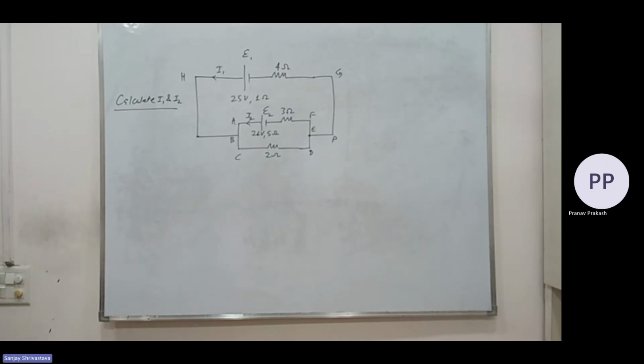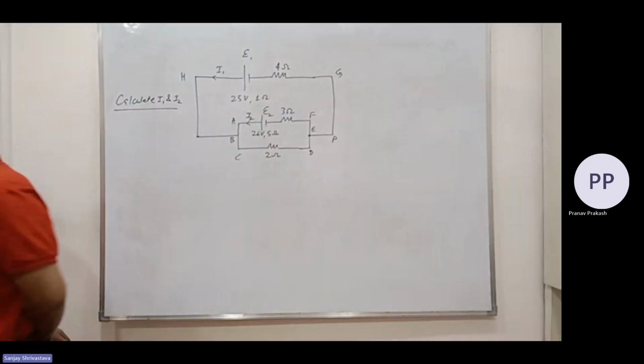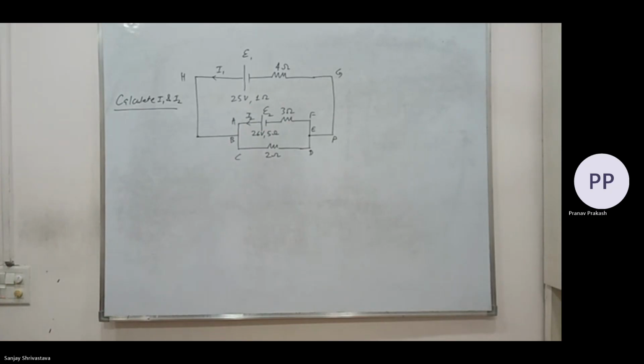So इसमें I1 and I2 का डायरेक्शन दिया है, then we will find out values. Now we need to apply KCL KVL.